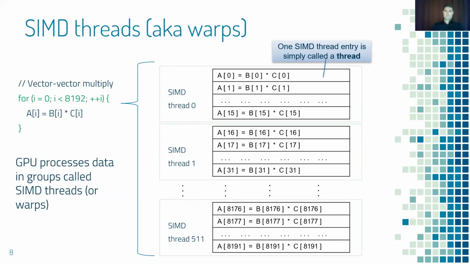So if we have 16 threads in a warp, then we need 512 SIMD threads or warps to process 8K of these multiplications. Now compare this model with the way a CPU works. In a CPU, you would need to loop 8K times to multiply all these elements. In a GPU, you will spawn 512 warps, and they will do this multiplication probably much more efficiently, much faster than a CPU could.